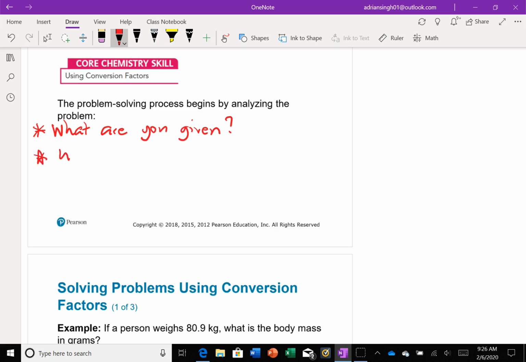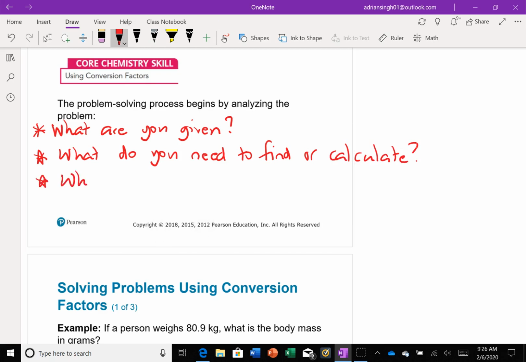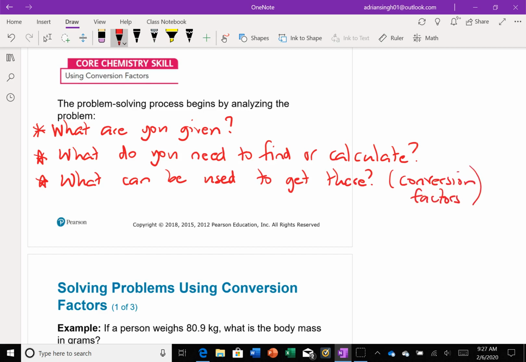Secondly, you want to think about what you need to get to, or what do you need to find or calculate. And then thirdly, what are you going to use to get there? Right, and in this case, we're looking at any applicable conversion factors.